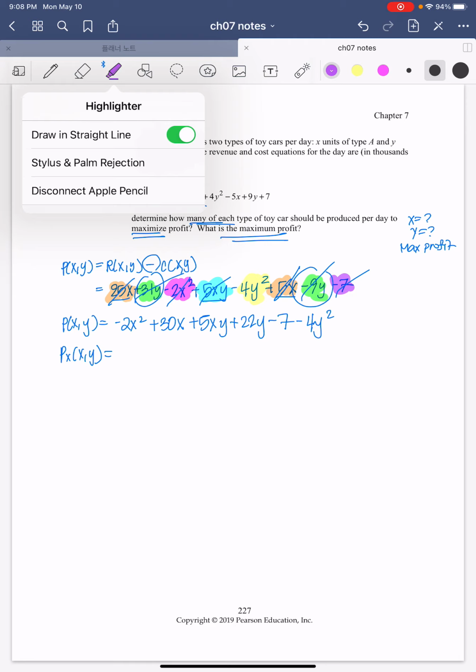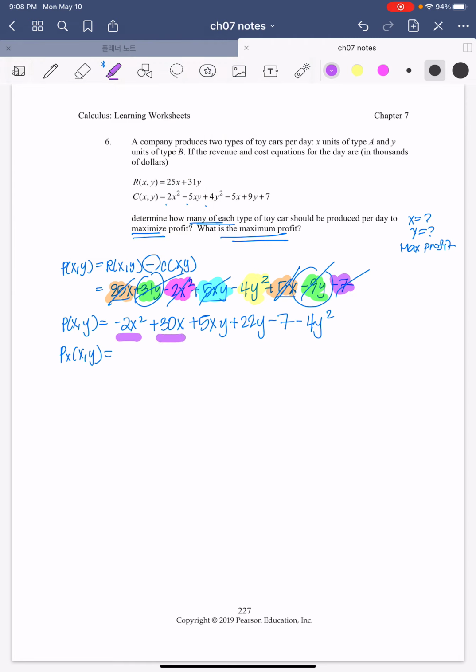So here, I'm going to underline this one, and the rest of them is just a constant. So I have negative 4x plus 30. Now x is my variable, so 5y is a constant, so 5y, and the remaining ones will be just zeros.